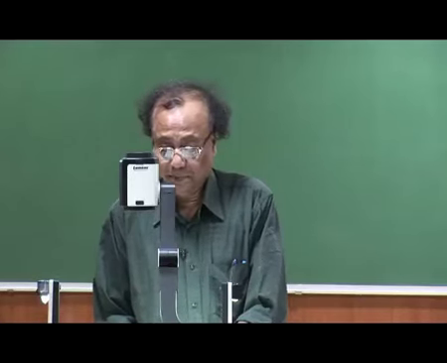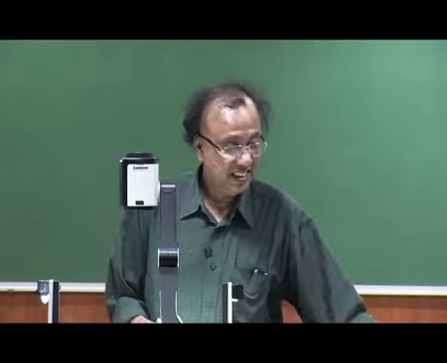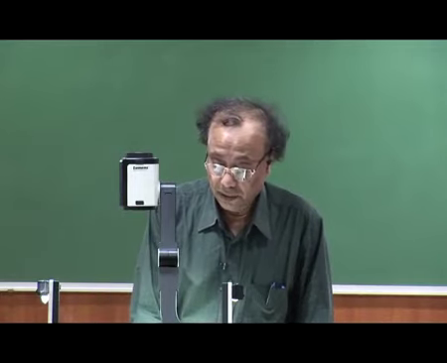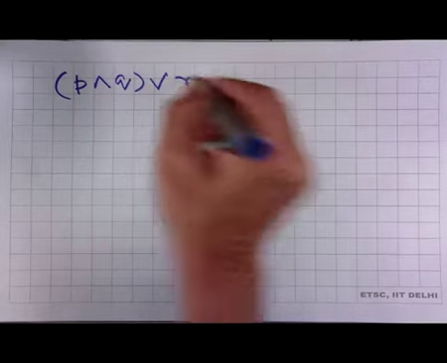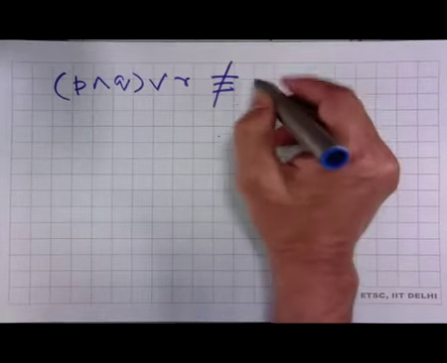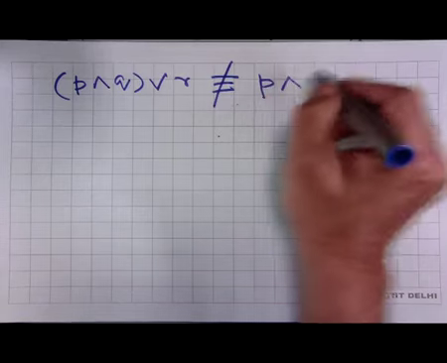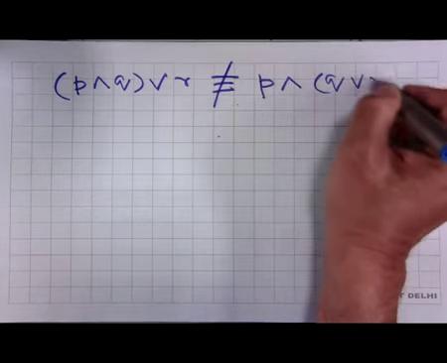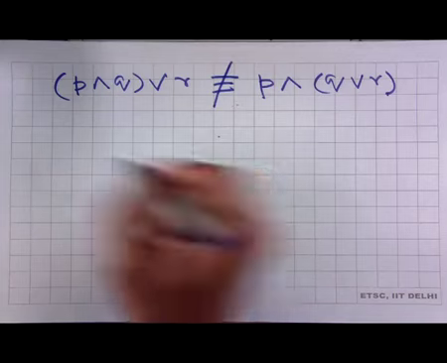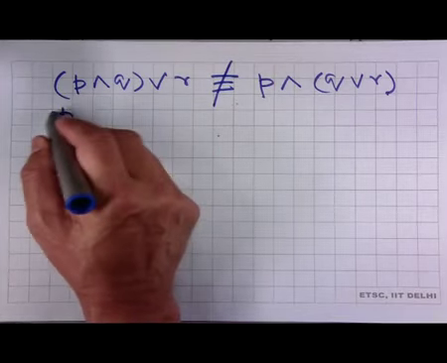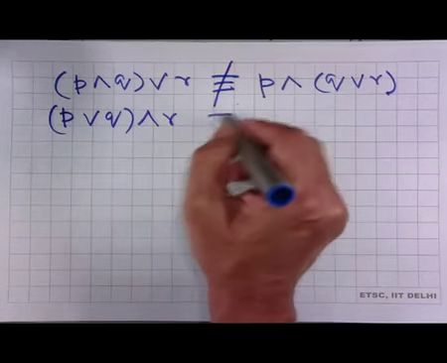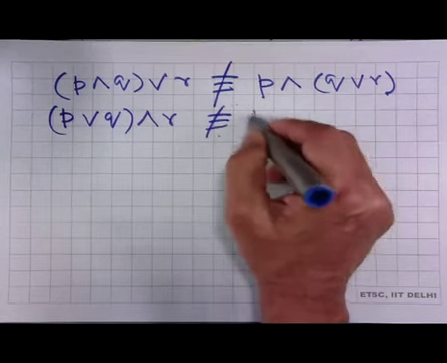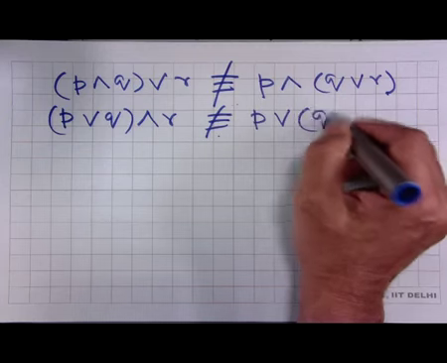So, this example tells us that P and (Q or R) is not equivalent to (P and Q) or R. Similarly, P or (Q and R) is not equivalent to (P or Q) and R.